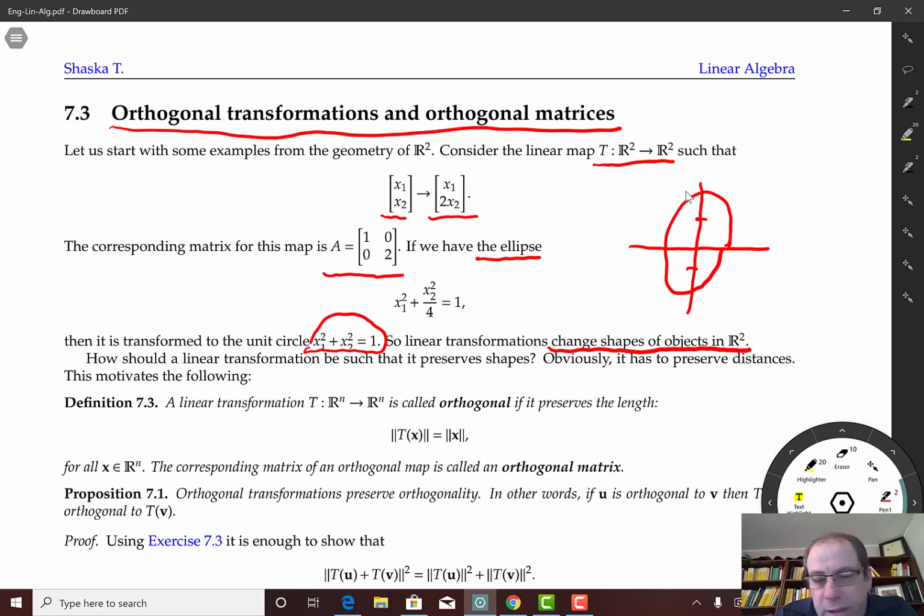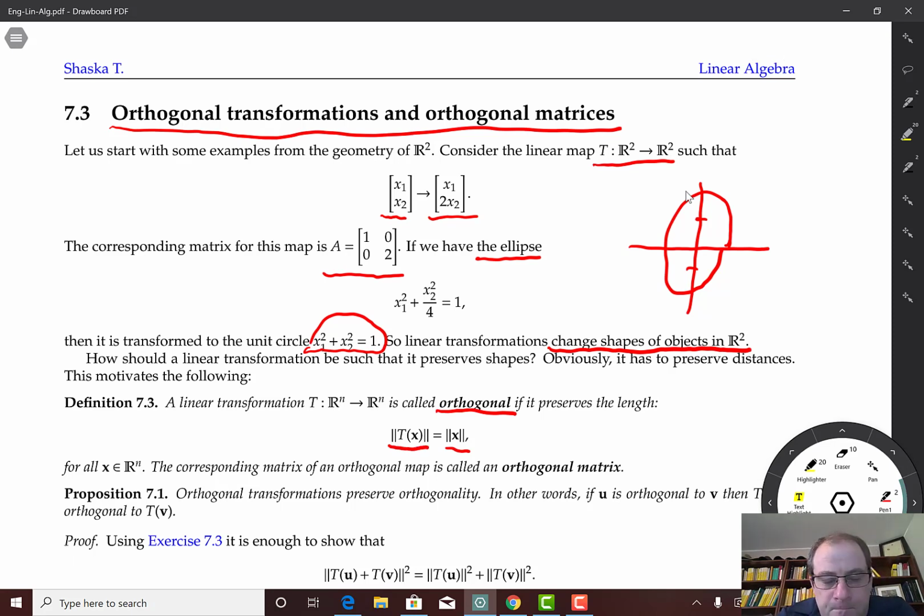Well, in order for a linear transformation to preserve shapes, it has to actually preserve what? It has to preserve lengths. So a linear transformation, we will call it orthogonal if it preserves the length. Mainly the initial vector x has the same magnitude as the image vector T of x.